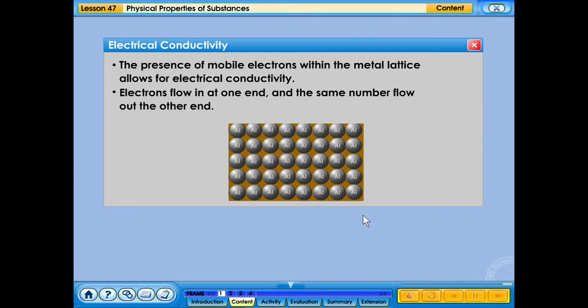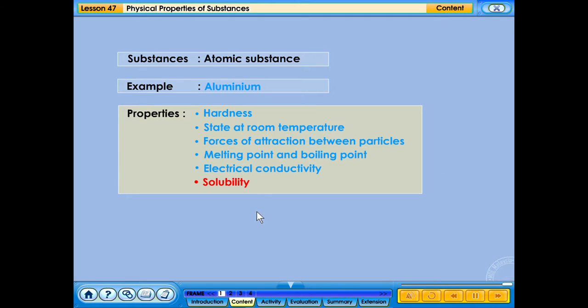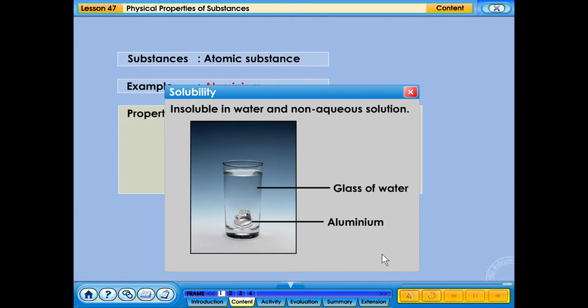The presence of mobile electrons within the metal lattice allows for electrical conductivity. Electrons flow in at one end and the same number flow out the other end. Insoluble in water and non-aqueous solution.